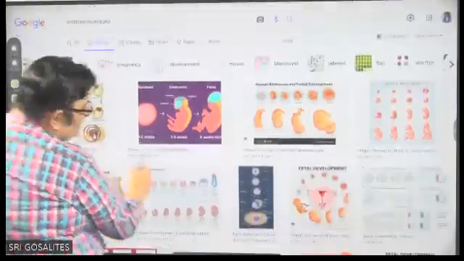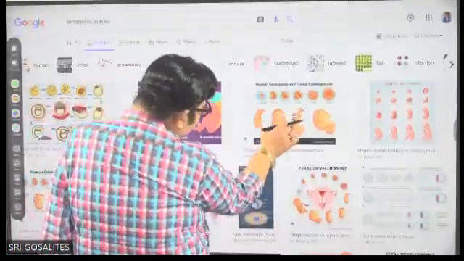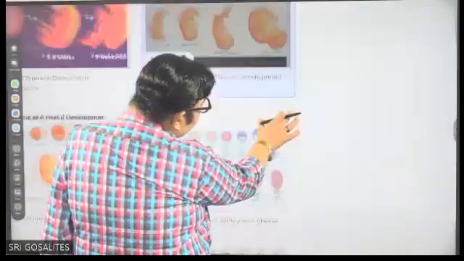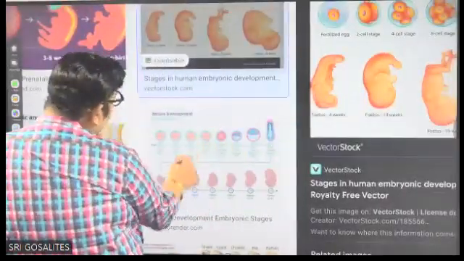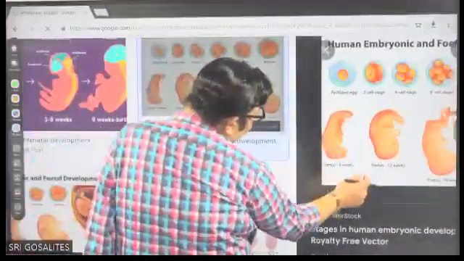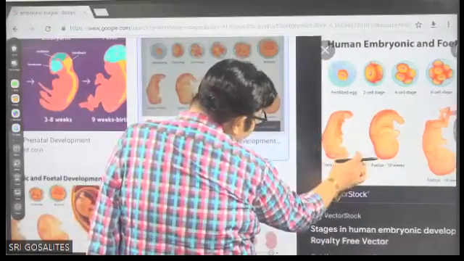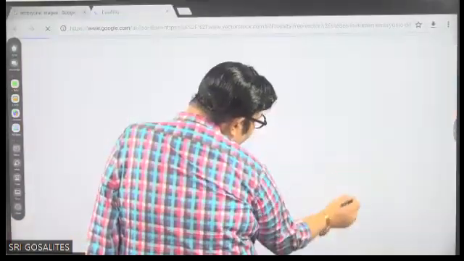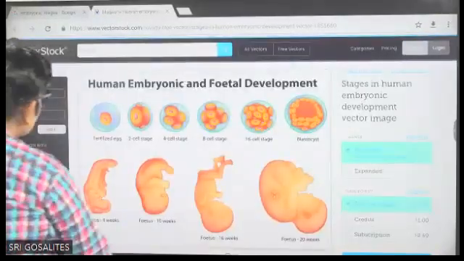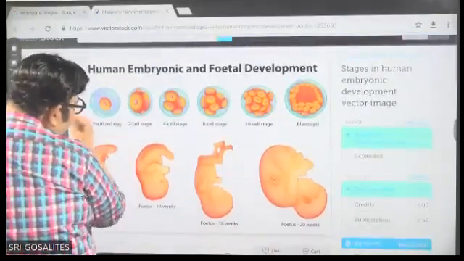See the embryonic stages. How the baby is born, the embryonic stages. I wanted to open this one. Wonderful. You can see this one.